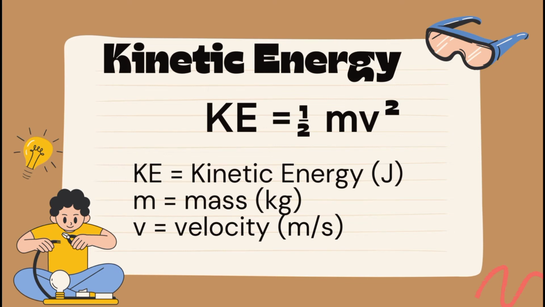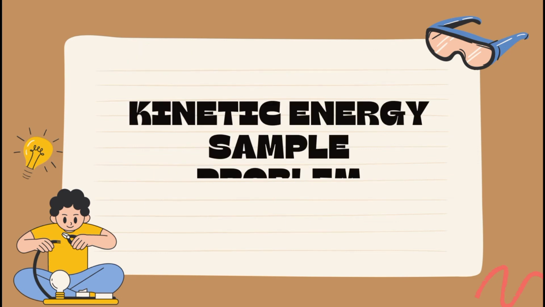KE is equal to 1/2 mv squared, wherein KE stands for kinetic energy that is always expressed in joules, or capital letter J. m stands for mass that is always expressed in kilograms. v is for velocity that is always expressed in meters per second.